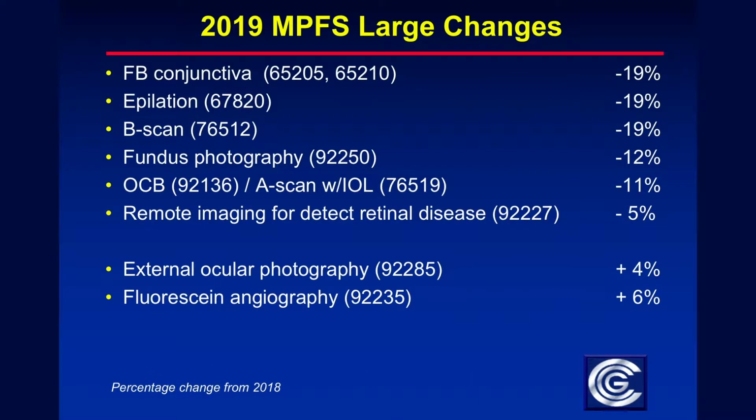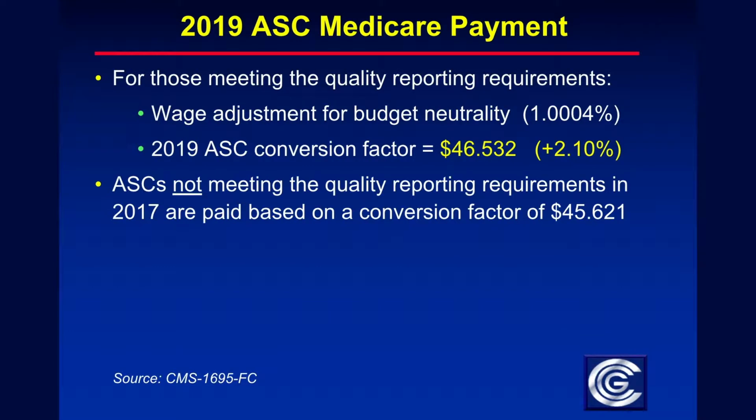Some payment rates for ophthalmic procedures changed quite a bit in 2019. Those procedures listed on this slide caught our attention in part because we also saw some of them change significantly in 2018.